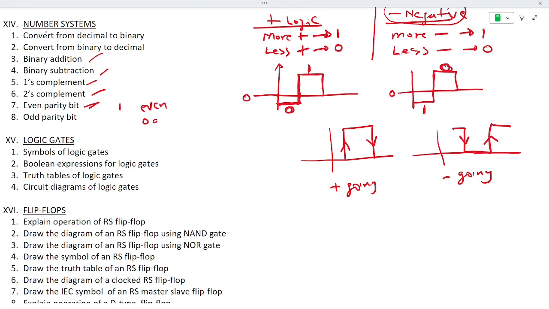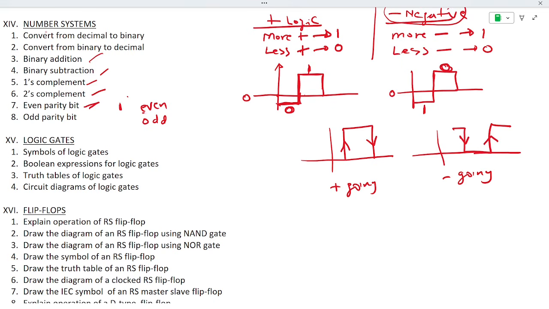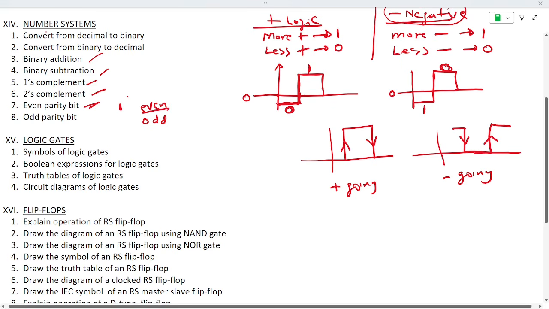Uneven means odd. So an even parity bit is a 1 that must be added to a word to make the number even. And an odd parity bit is a 1 that must be added to a word to make the number uneven. So what does that mean?